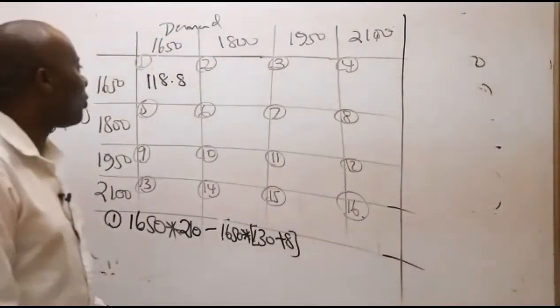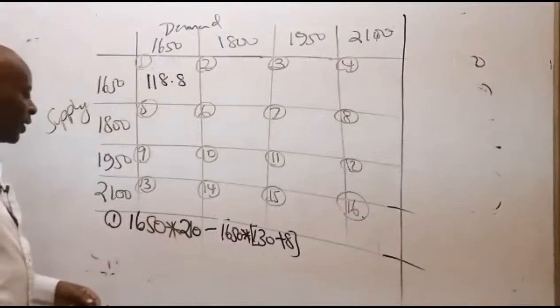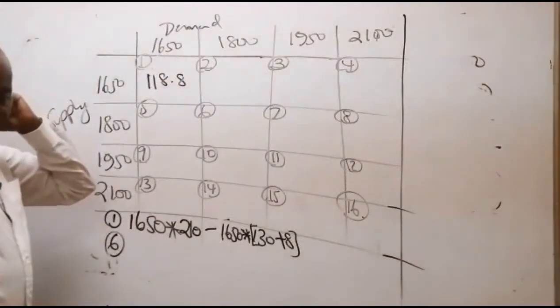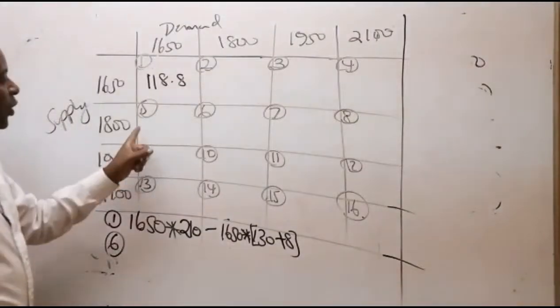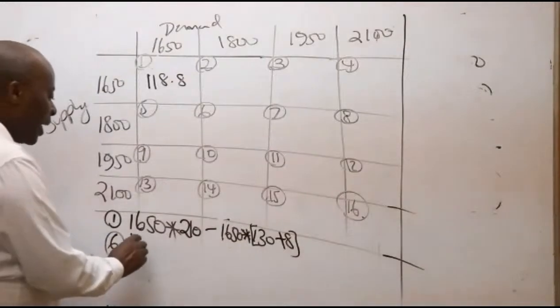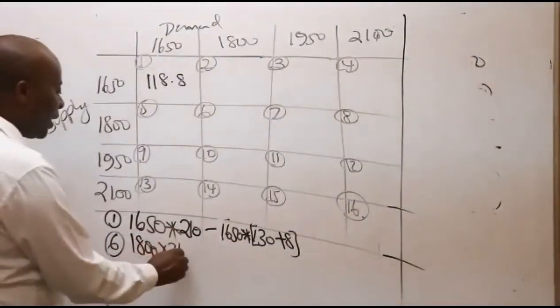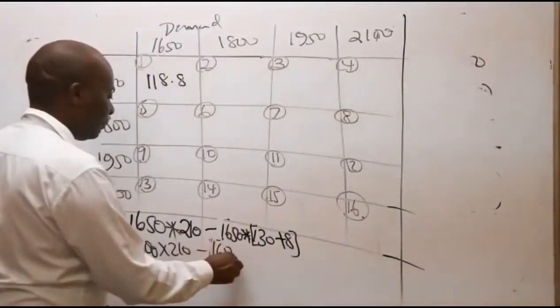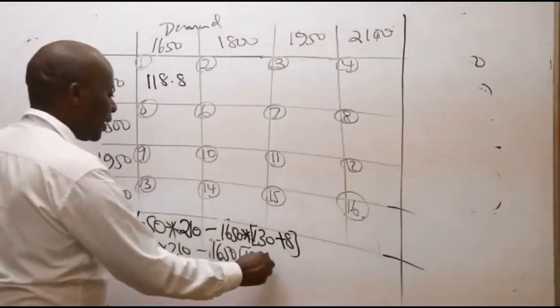Let us go first of all for the perfect matches. So perfect matches, let's go to number 6. Perfect matches number 6, I can see it's 1800 vis-a-vis 1800. So here I'll have 1800 times 210 minus 1650 into 138.